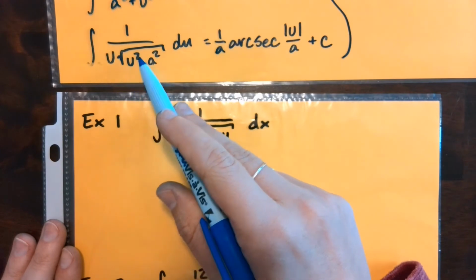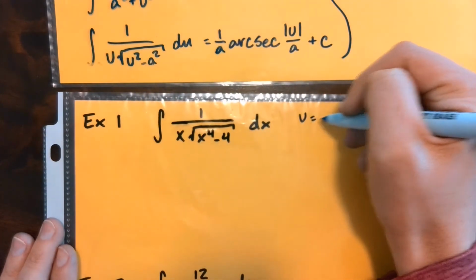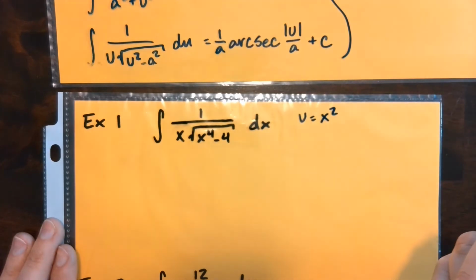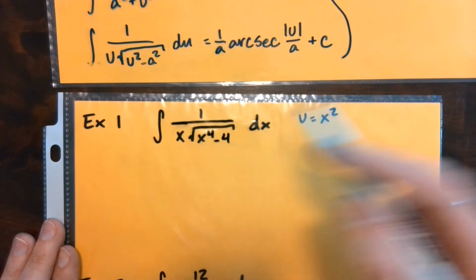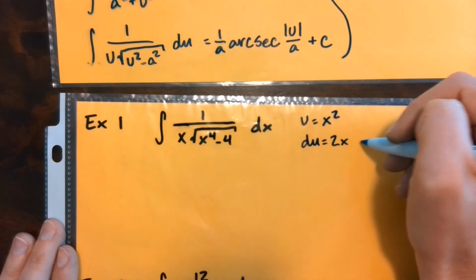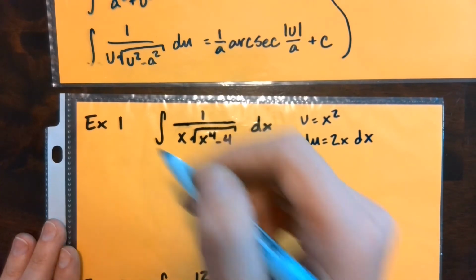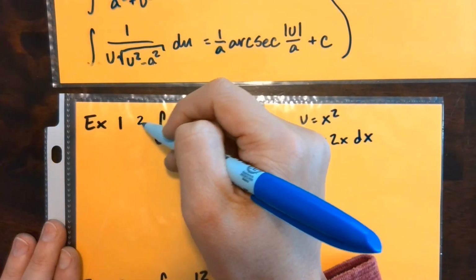So since I have u squared, that means that u had to be x squared, because x squared squared is x to the fourth. So if my u is x squared, my du is a 2x dx. And I am missing that 2x. So I'm going to multiply the top and the bottom of this by a 2x over 2x.